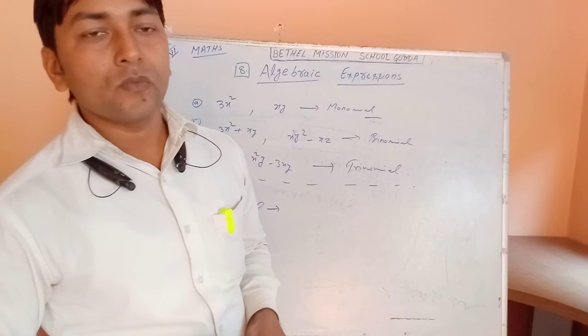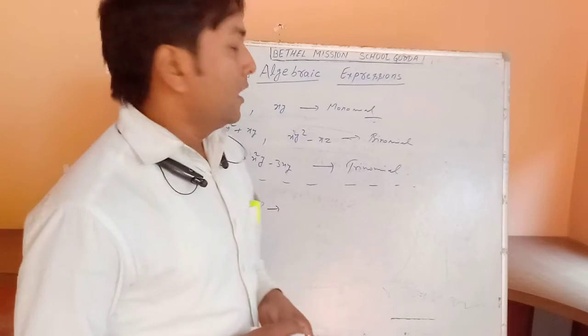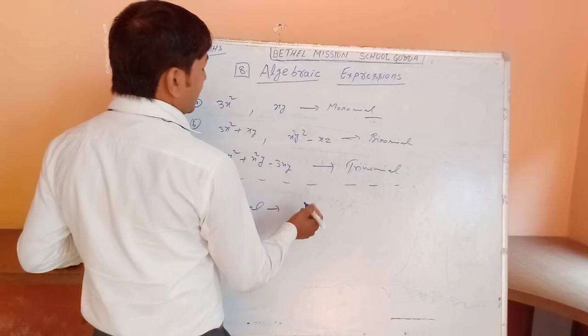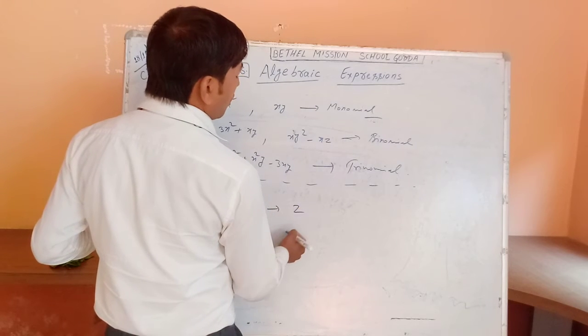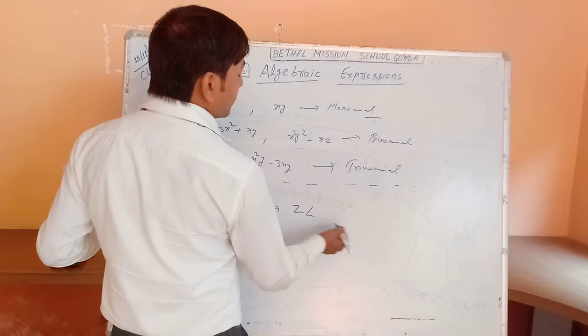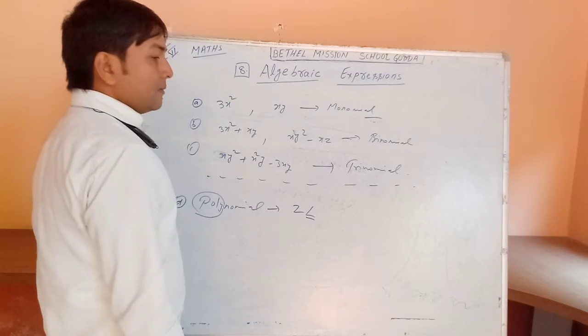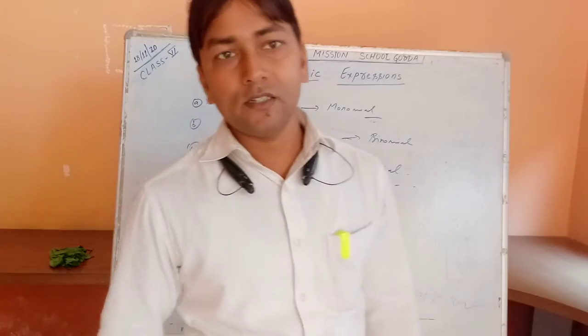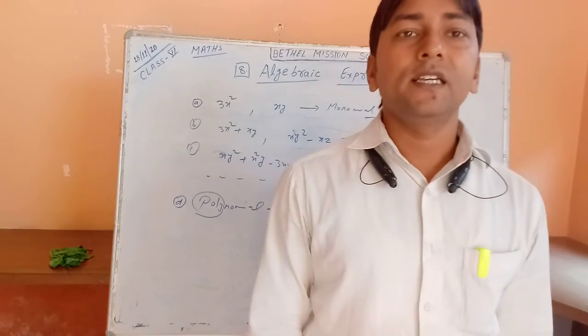Okay, once again, when any algebraic expression has two or more than two terms, it is called a polynomial. Okay, I hope you got it.